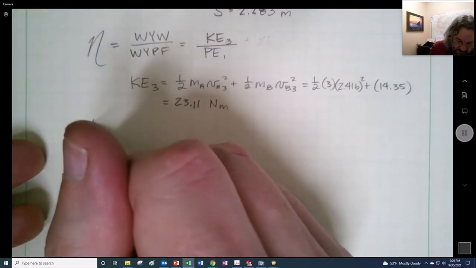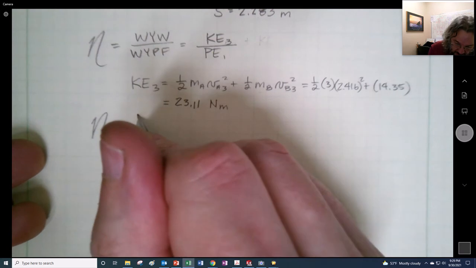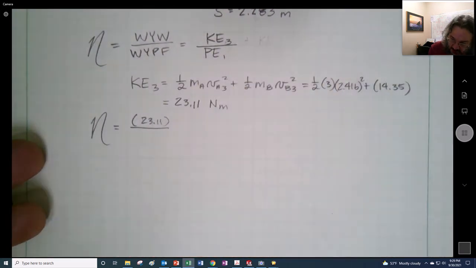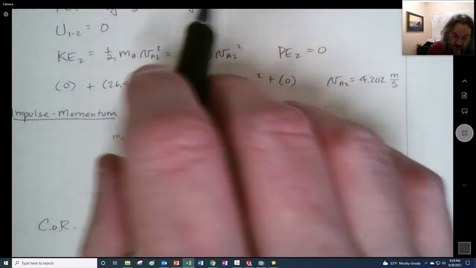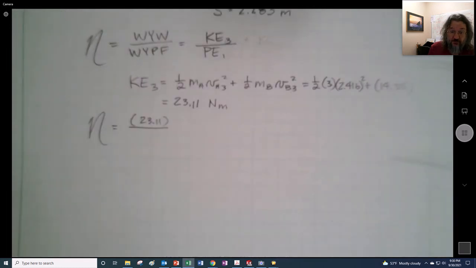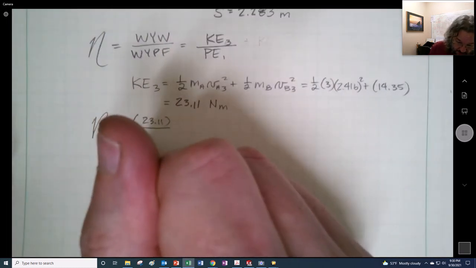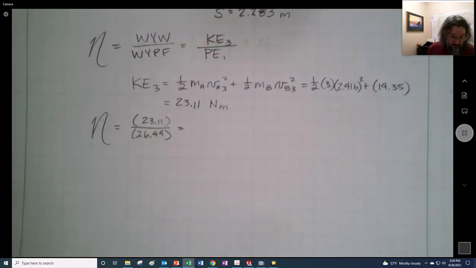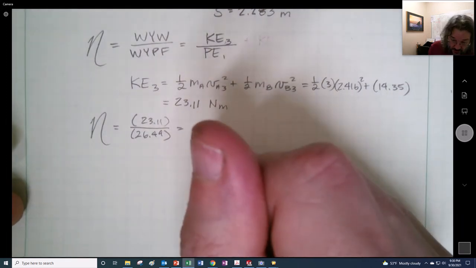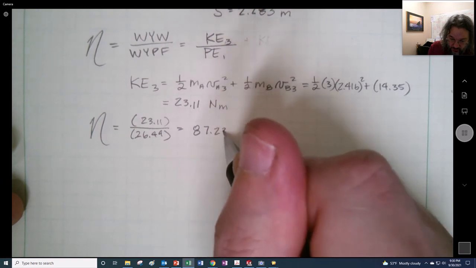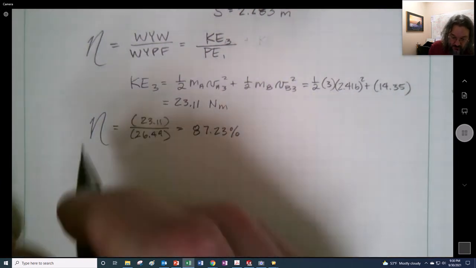So the efficiency is going to be 23.11 divided by the potential energy at 1, which you recall was 26.49 from that first page. Divide that out, and I get, woohoo, the same thing, 87.23%.